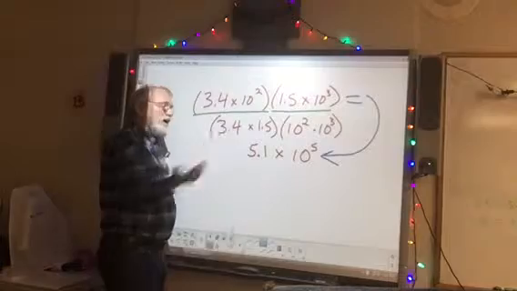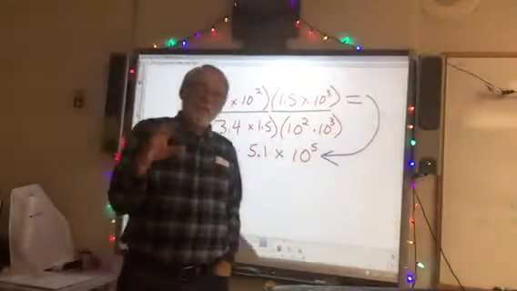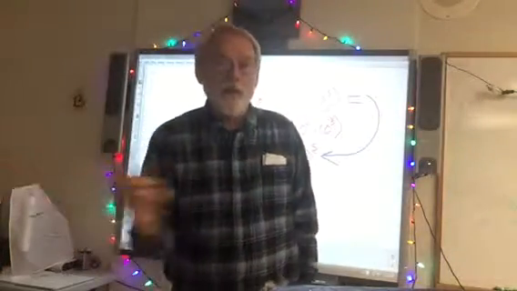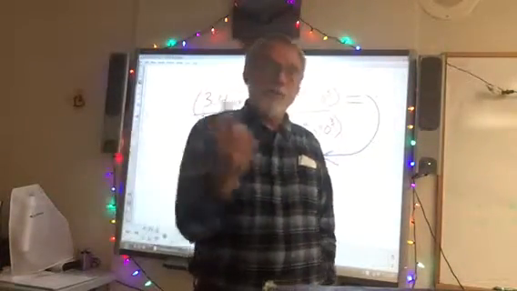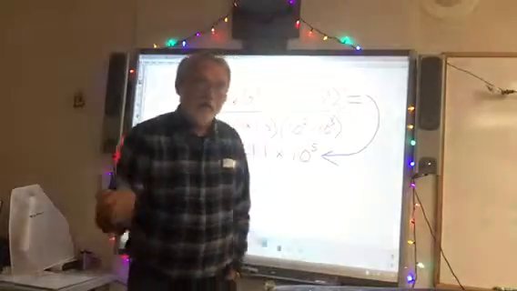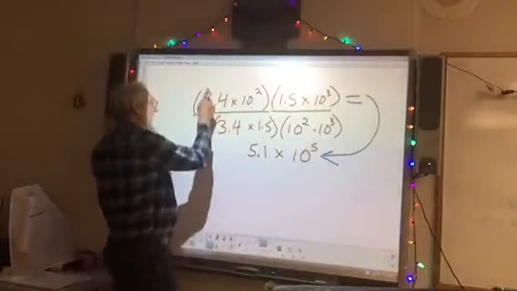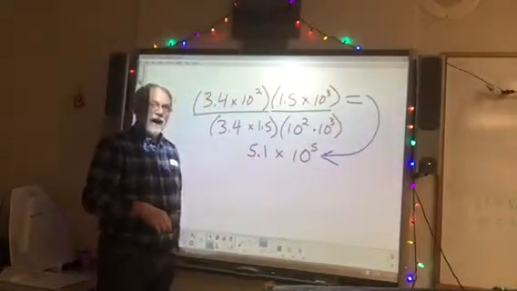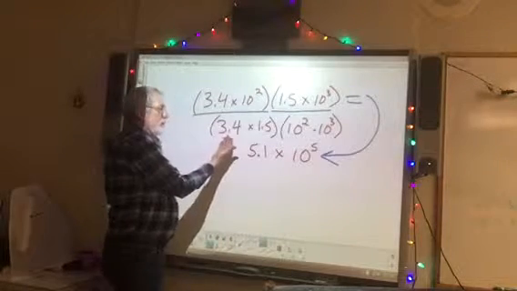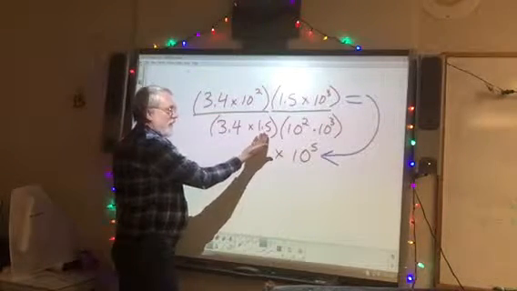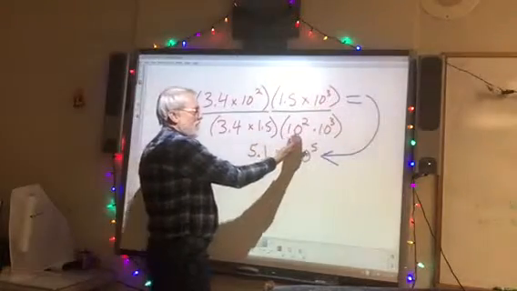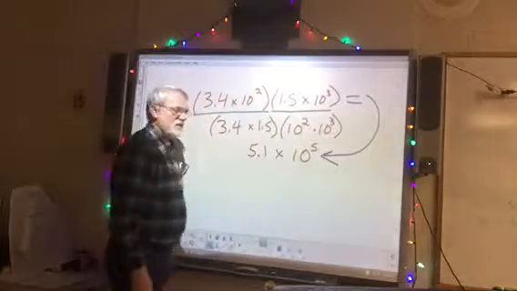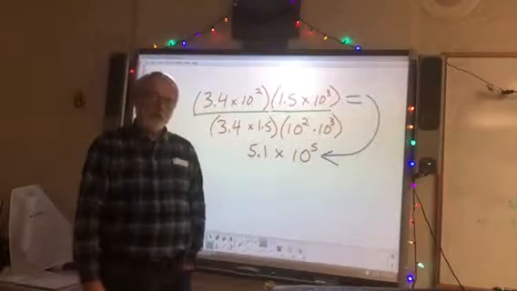what you end up with is rearranging it. Because remember, what is that, one of those properties of multiplication? Commutative property. Commutative meaning you can rearrange it and still have the same answer. So the commutative property tells me that if I'm multiplying this times this times this times this, I can rearrange it so I have 3.4 times 1.5 times 10 to the 2nd times 10 to the 3rd, and here's where my properties or rules for exponents comes into play.